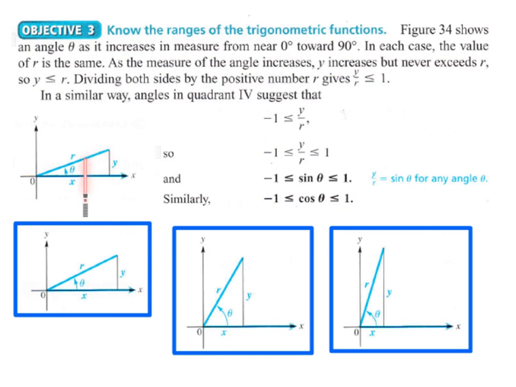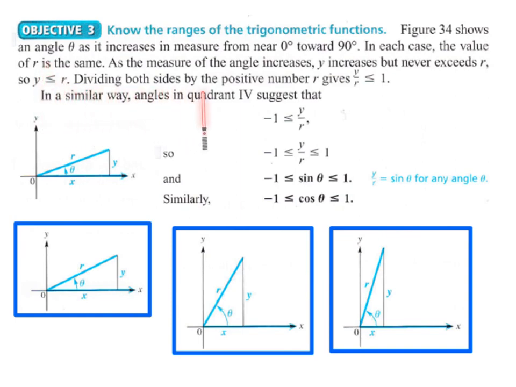The r, again, is much longer than the y. And what we do here throughout is we keep the r value the same. Well, as you increase the theta value, the y increases, but it never actually gets to be the same as r. So in the first quadrant here, y is always less than or equal to r.